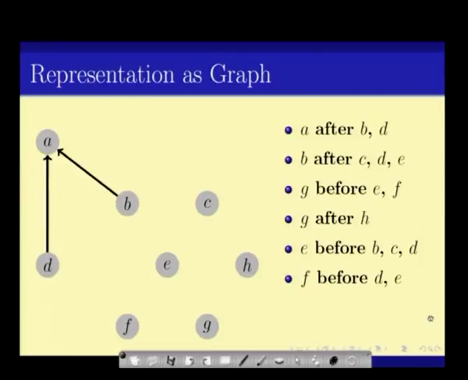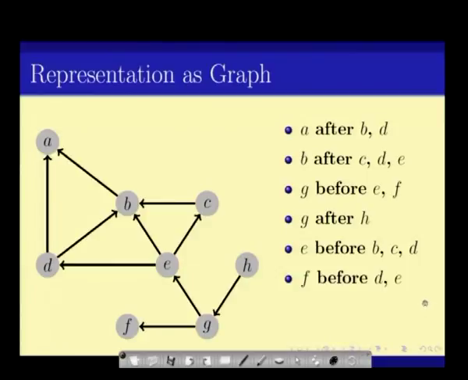Say the first one says that A comes after B and D. So, what we do is we draw an edge from B to A and an edge from D to A. An edge from B to A indicates that B has to be done before A, or A has to be done after B. Similarly, if B is after C, D and E, we draw edges from C, D and E to B. If G is before E and F, then I draw an edge from G to E and G to F, and so on and so forth.